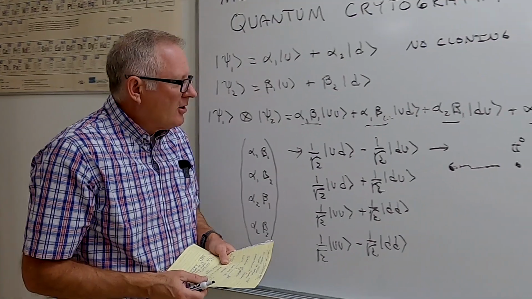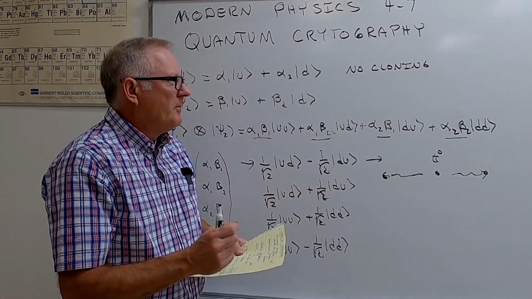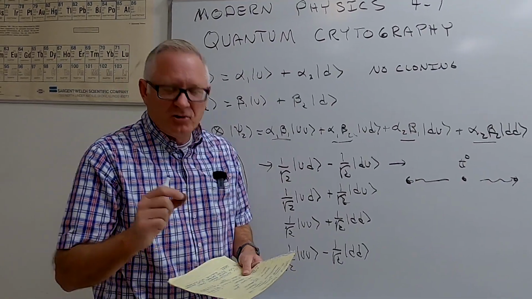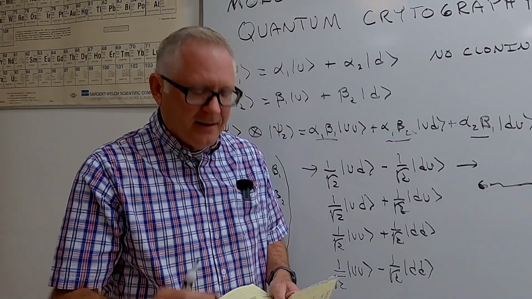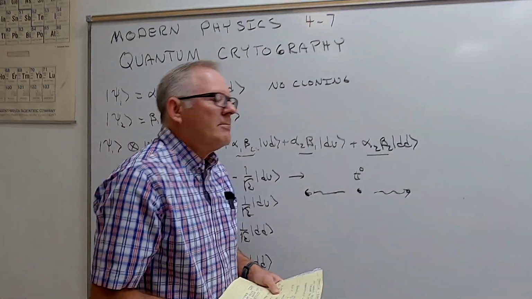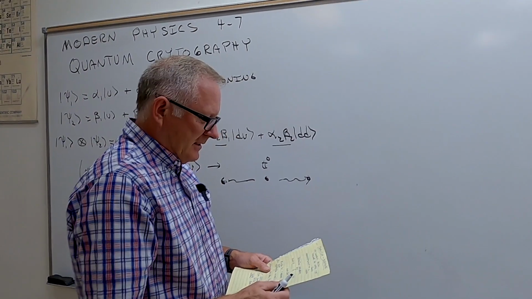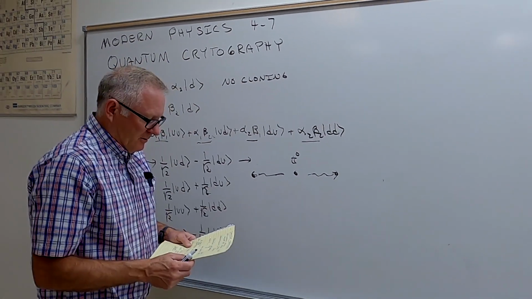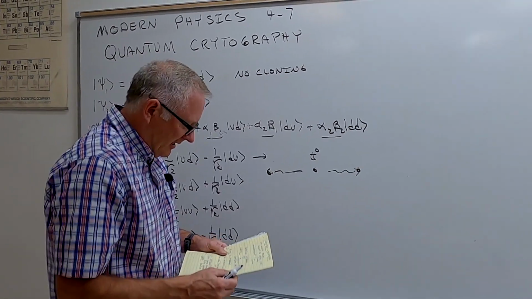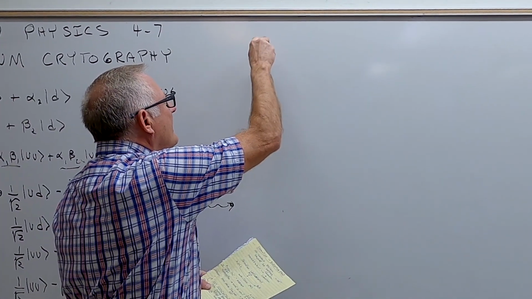Now, with classical systems, it's impossible to be 100% sure that you can send a signal without someone else intercepting it. It's impossible with a classical system, but with a quantum system, it is possible. They actually determined it in 1984.